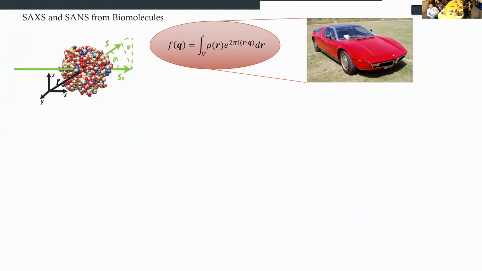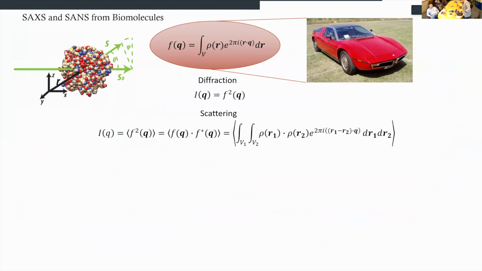So this would be like the Ferrari if we were able to do this experiment where we could look at the single molecule. Unfortunately, we have scattering. Again, this is the averaging term. You take the equations where there's electron density and this Q factor involved, and these are all vectorial, and you get a 2D image.